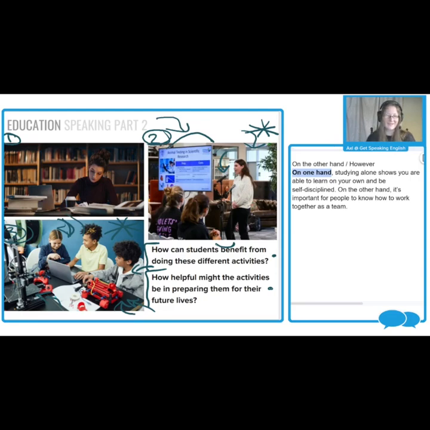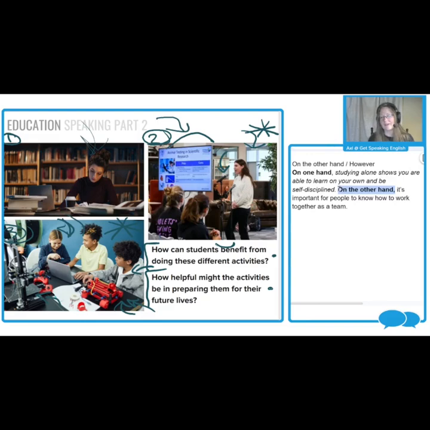Here I'm talking about this photo here. So on one hand, studying alone shows that you are able to learn on your own and be self-disciplined. So if you have good self-discipline, you are able to keep yourself on task, do the tasks that you need to do without having other people motivate you. So you have good control. So on one hand, and then a new sentence.